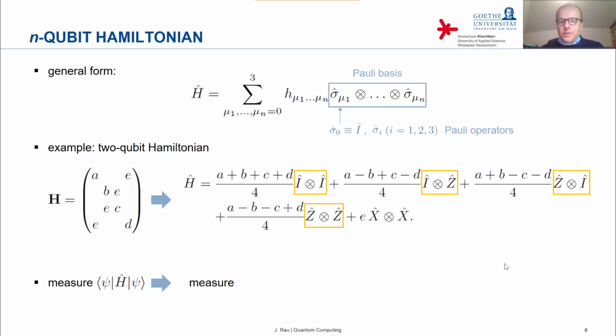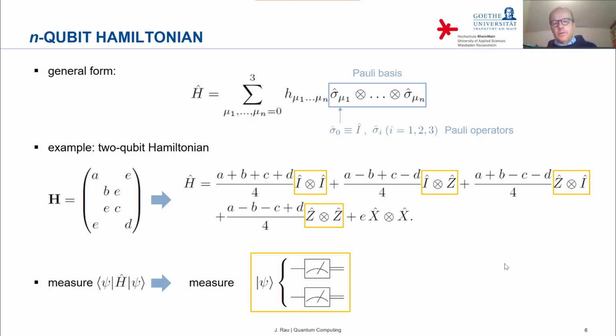And if we want to do this experimentally in a circuit, we know what we should do. We can do that by subjecting both qubits to a measurement in the standard basis. For example, the standard basis is an eigenbasis of Pauli Z. And therefore, in the first case, when we have the tensor product of two unit operators, we don't have to measure anything, of course. The expectation value is 1. If one of the two observables is the unit operator, then for that particular qubit, we don't have to measure anything either.